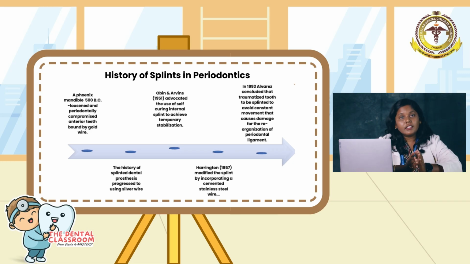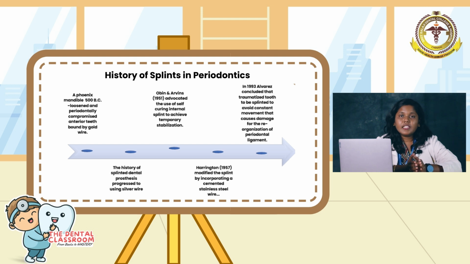And later on, in 1951, Arvins found that he could use self-curing internal splints to temporarily stabilize the mobile tooth. And then in 1957, Harrington found the usage of cemented stainless steel wires for splinting of teeth.